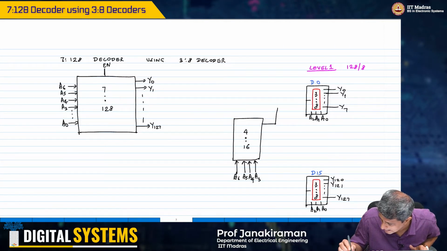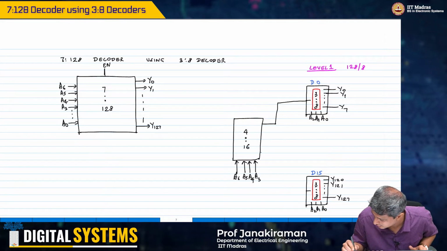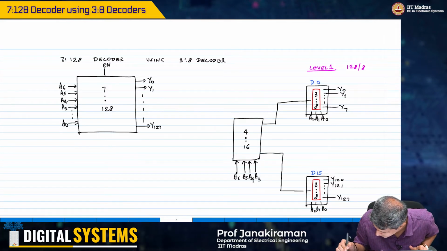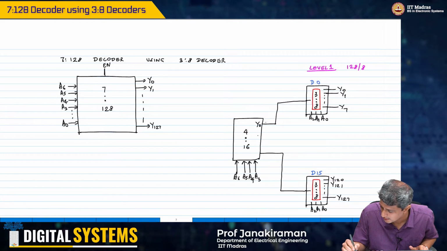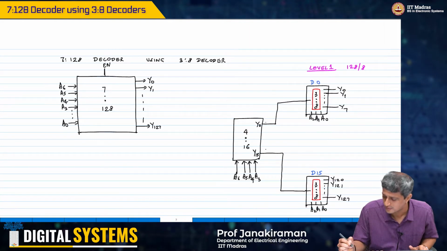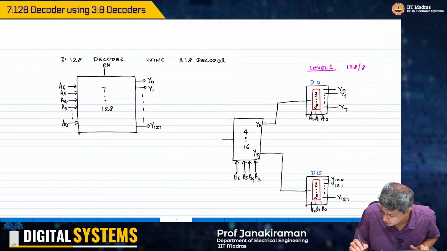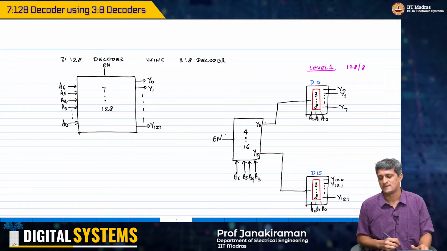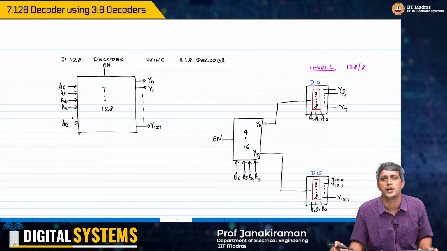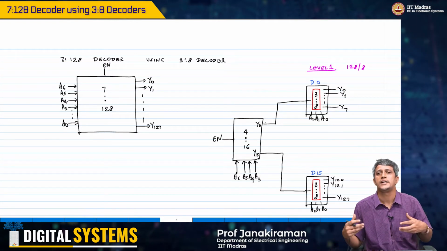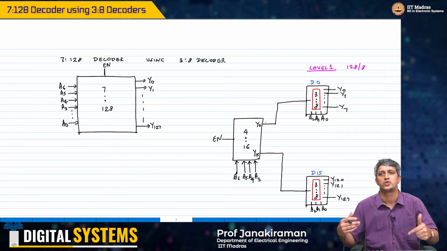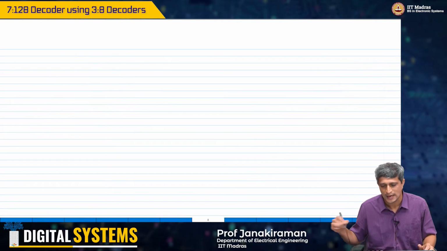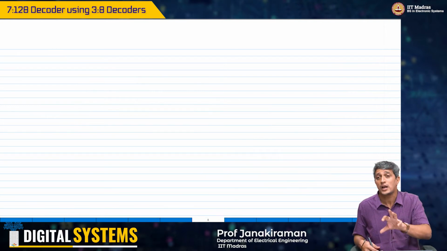Actually, this is exactly what I want. This is going to be the 4:16, with Y0 all the way to Y15, and I would have put the enable here. But I don't have a 4:16 decoder. Then what do I do? I need to build a 4:16 decoder using 3:8 decoders. That's why this is called a hierarchical design.